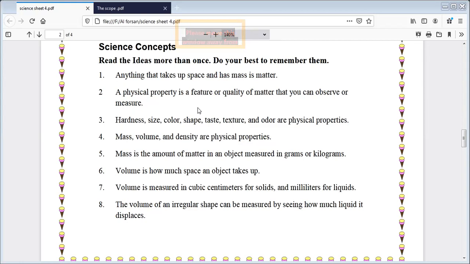Yes. How? How can he use his senses to judge something or to observe or measure something? How can he observe or measure the items around him?